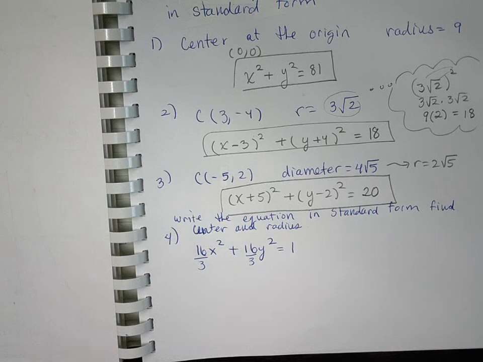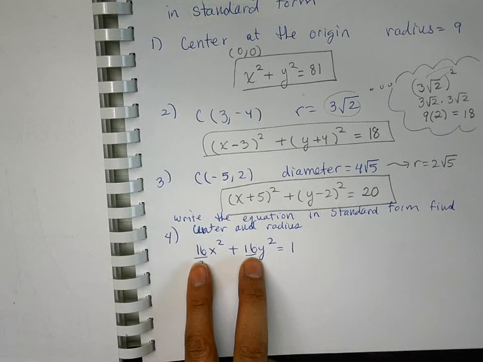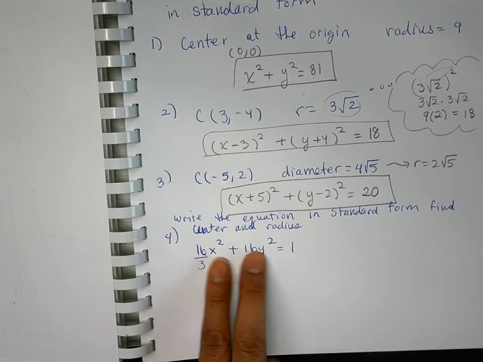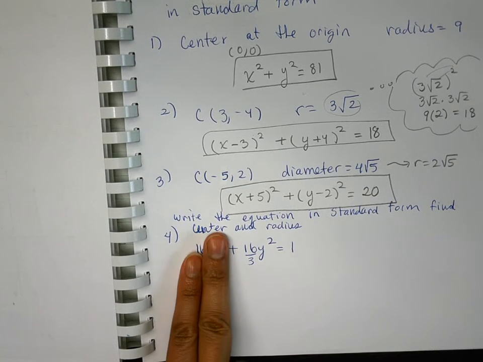Before we even start, there's an x squared and a y squared. If there was only an x squared, what shape would it be? Parabola. If there's only a y squared, what kind of parabola? Sideways. Y squared by itself is a sideways parabola.